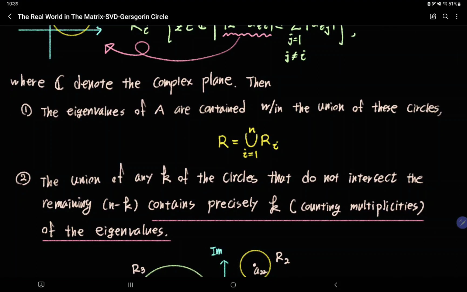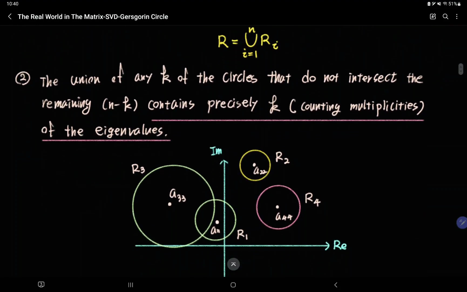The second statement is that the union of any k of the circles that do not intersect the remaining n minus k contains precisely k of the eigenvalues, counting multiplicity.